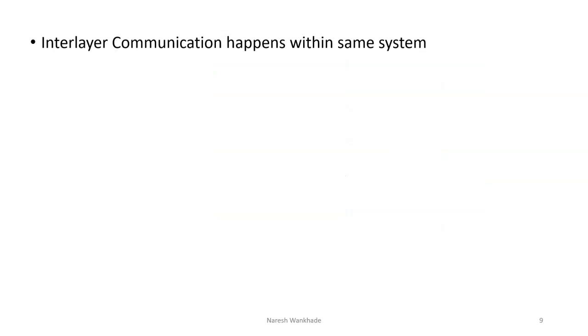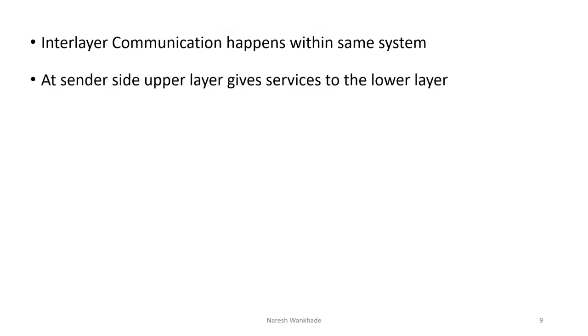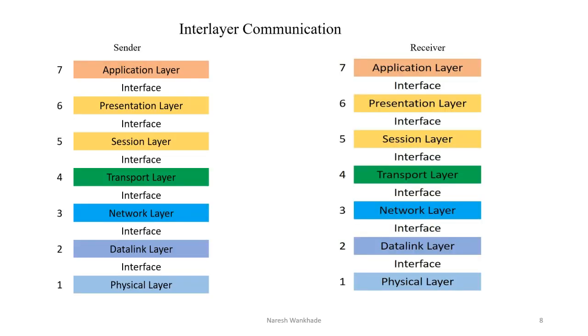Interlayer communication happens within the same system, means either at the sender side or at the receiver side. At the sender side, the upper layer gives services to the lower layer. Here in this diagram, at the sender side the application layer is going to interact with the presentation layer, which means the application layer provides services to the presentation layer.